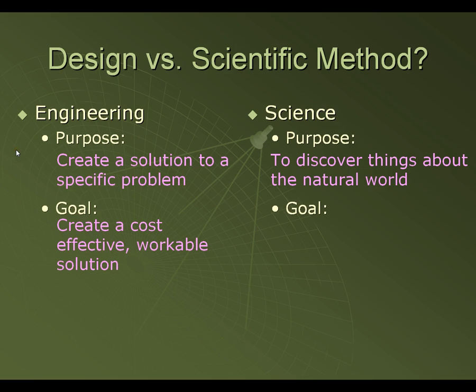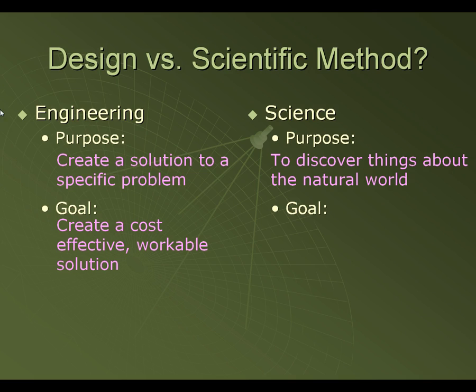The goal of engineering is to create a cost-effective, workable solution. So again, you're going back to creating an actual answer, a solution to a problem that currently exists. Not only that, cost is a big thing to consider during engineering, because you could create the best solution to a problem, but if it's so expensive that no one can afford it, then it's not going to do anyone much good.